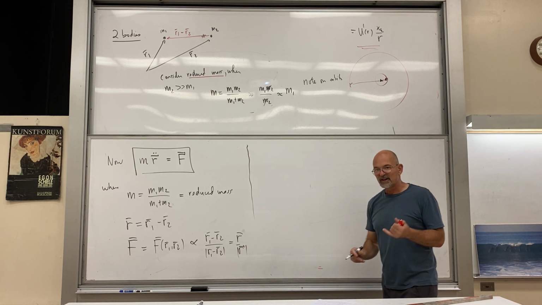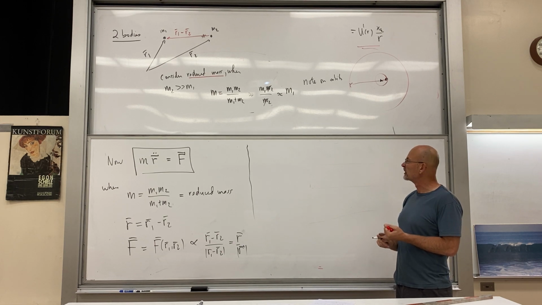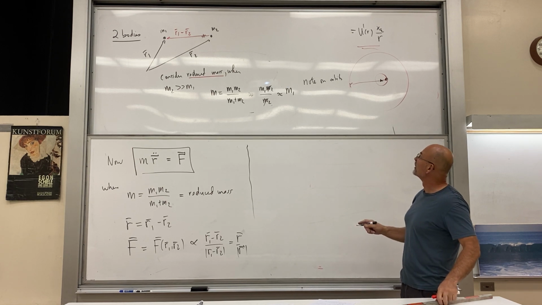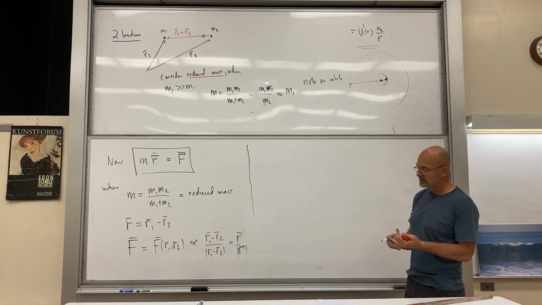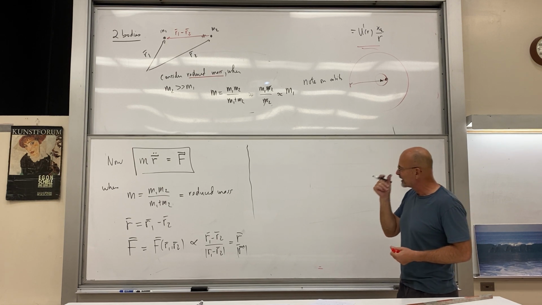We had conservation laws. Energy we've already used, and we'll use it again actually. We've used it in the sense that we wrote down a potential energy. Energy, linear momentum, angular momentum. Let's look at the angular momentum.